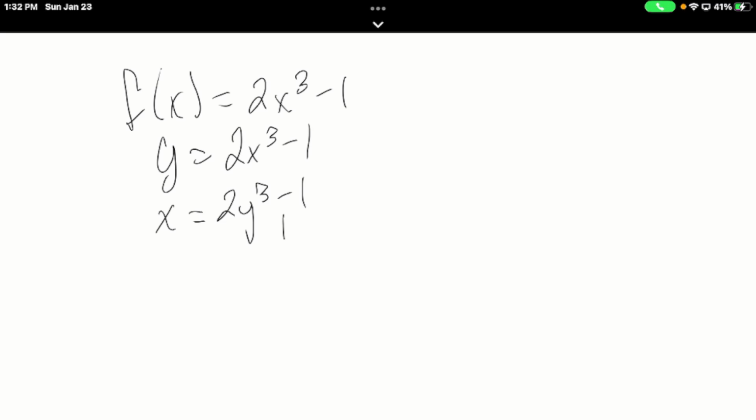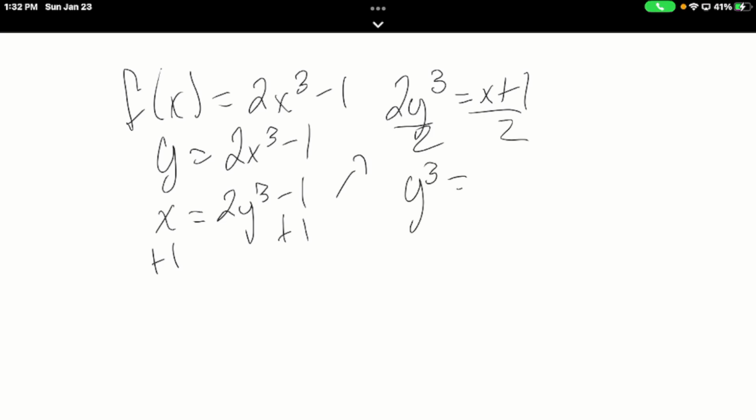I'm going to add 1 to both sides. Remember, undo the operation that isn't connected to y first, okay, which is that minus 1. So I'm going to add 1 to both sides. I'm going to move up top here. 2y cubed equals x plus 1. I'm going to divide by 2. So I get y cubed equals x plus 1 over 2. Now, to undo a cube operation, you cube root both sides.